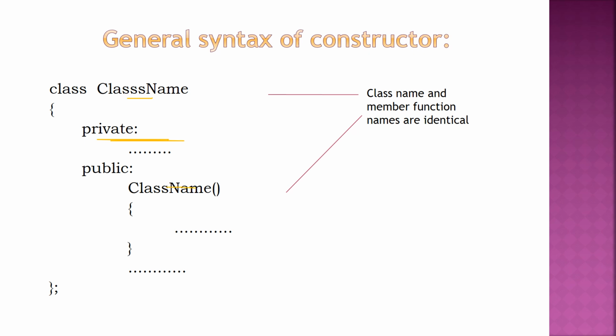And I have created my constructor with the same name as the class name. This is how you create a constructor. The class name and the constructor name are identical. Let us see an example in the next slide to get a clear picture of how to create constructors.